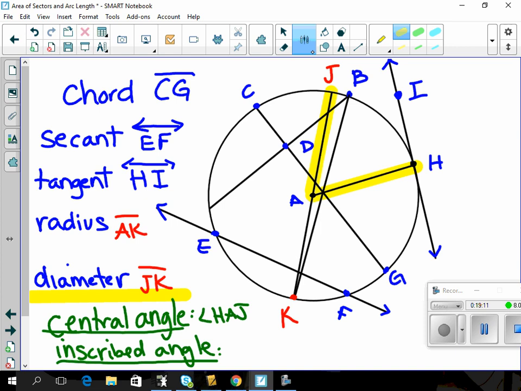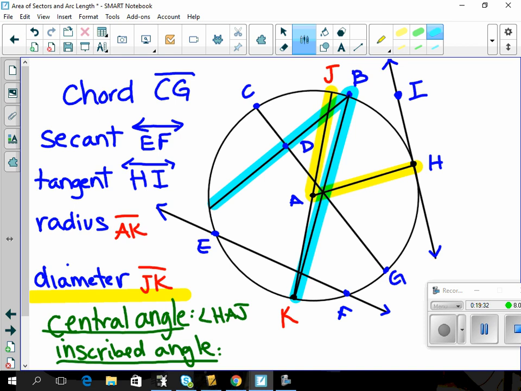So let me pick a different color. We're looking at an angle where the vertex could be right there. So if we go out, isn't this angle right here? I need to make a letter for that, don't I? I think I missed that one.